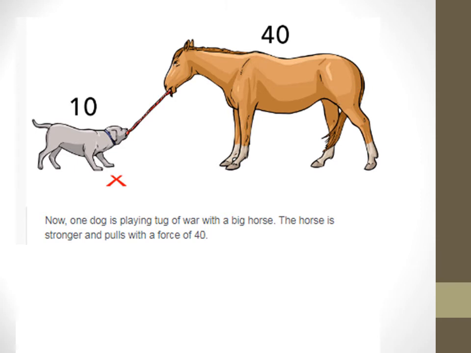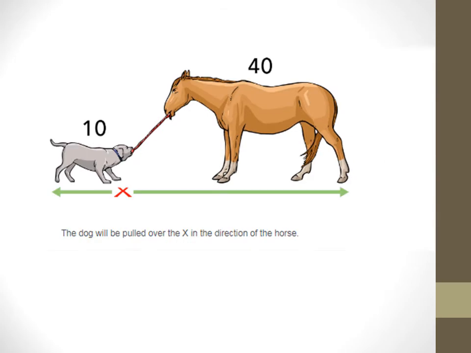Now, one dog is playing tug of war with a big horse. The horse is stronger and pulls with a force of 40. What do the numbers tell you? Yes, the numbers tell the strength of the forces. The dog will be pulled over the X in the direction of the horse.